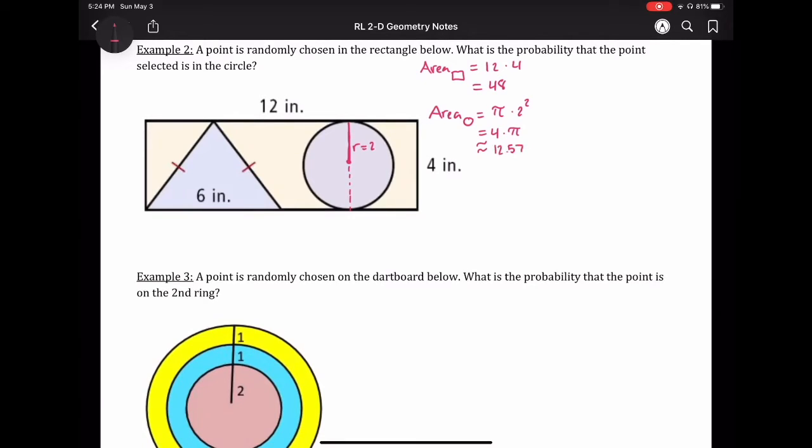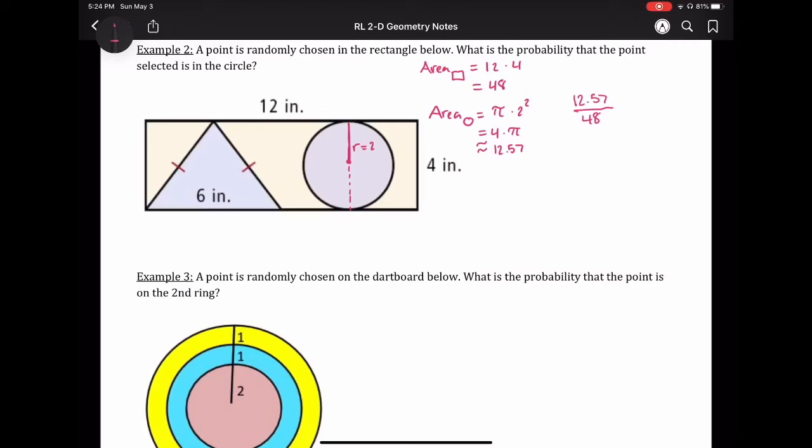All right, so now I can take those two numbers and put them in my fraction. So I have the number of events occurring, 12.57, over 48, which is the total sample space.